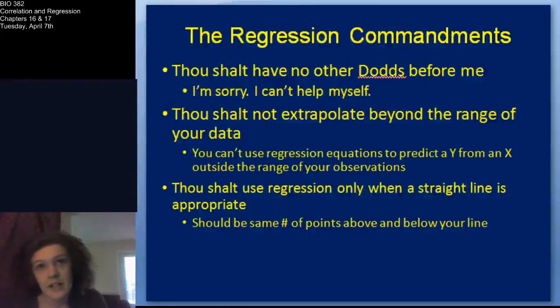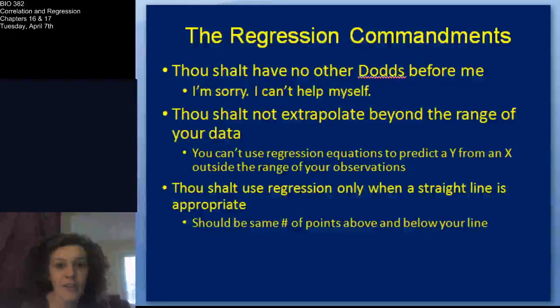What that means is, and I wish I had a chalkboard right now, if I am interested in predicting a certain value of y, but I only have x and y values up to, let's just say, 300 milligrams of something, and I want to predict y for 500 milligrams, you can't extrapolate past your data.